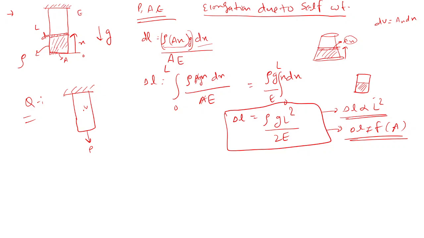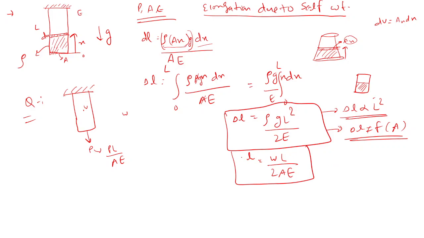We can simply get it by the elongation due to this and the elongation due to this load, P L by A E. For this simply P L by A E, and for the self weight, in terms of W, it will be W L by 2 A E, right? Now let's suppose the same W load we have applied, not as self weight but simply as a weight. Then what would be the elongation? W L by A E, right?